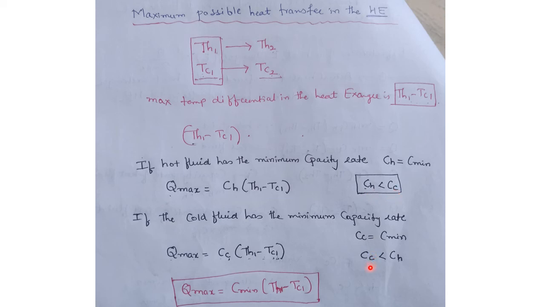Suppose the CH value is greater than the value of CC. Then Q maximum will be equal to CC into TH1 minus TC1.